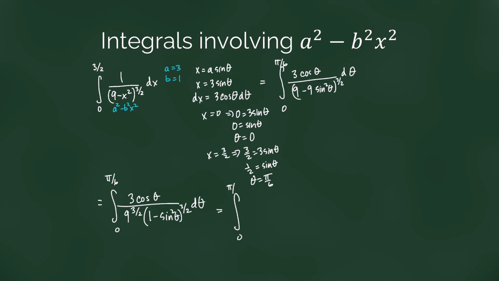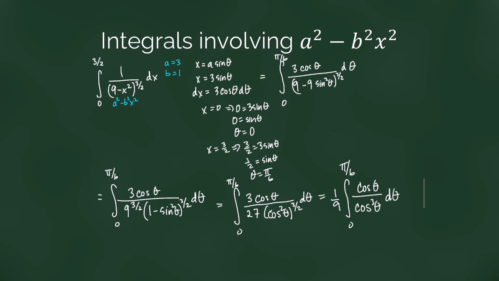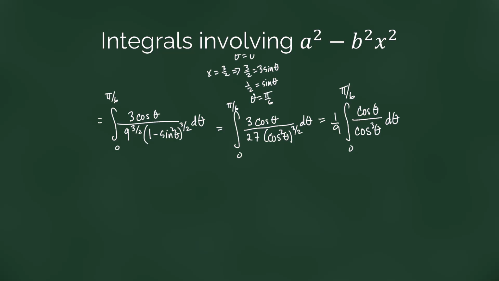So we get the integral from 0 to pi over 6 of 3 cosine theta over 27, that's 9 to the 3 halves, times cosine squared of theta to the 3 halves. We can factor out the 3 and 27, so we get 1/9 times the integral from 0 to pi over 6 of cosine theta over cosine cubed of theta. When we multiply the squared exponent times the 3 half power, we get cosine cubed.